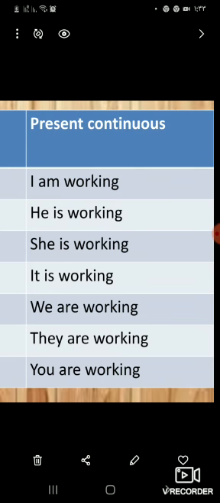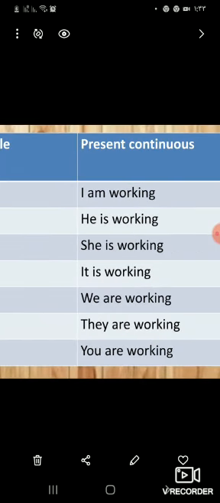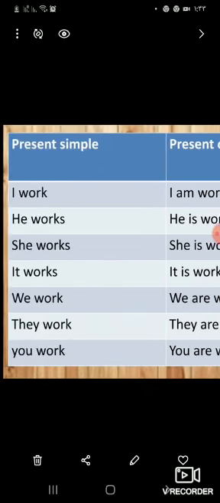The present simple tense sounds like this: I work. The present continuous: I am working. So what's the very basic difference between the present simple and the present continuous?